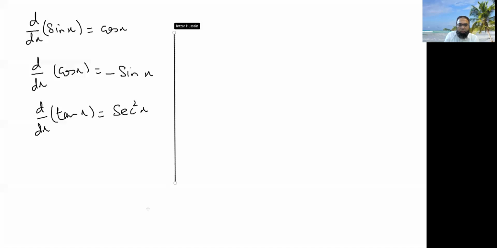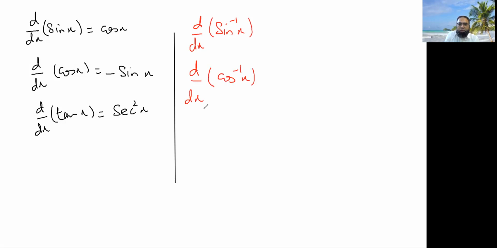There are derivatives of sine inverse of x, the cos inverse of x, and then the tan inverse of x.